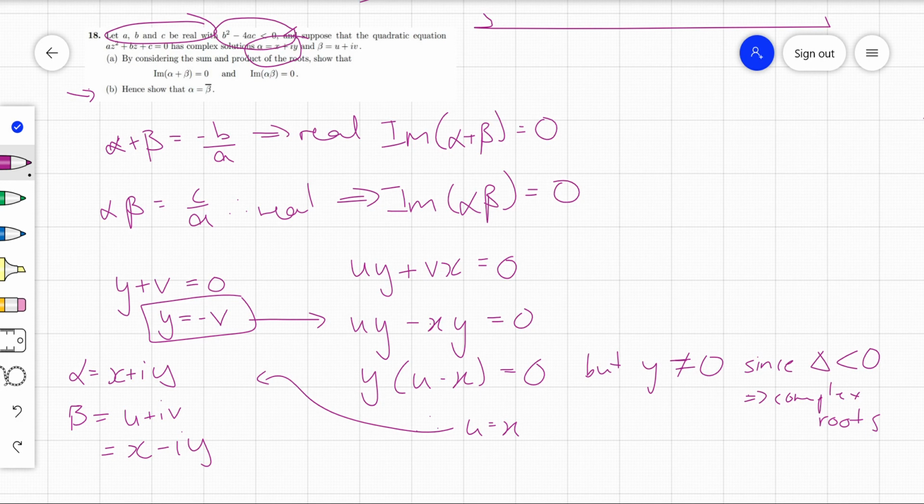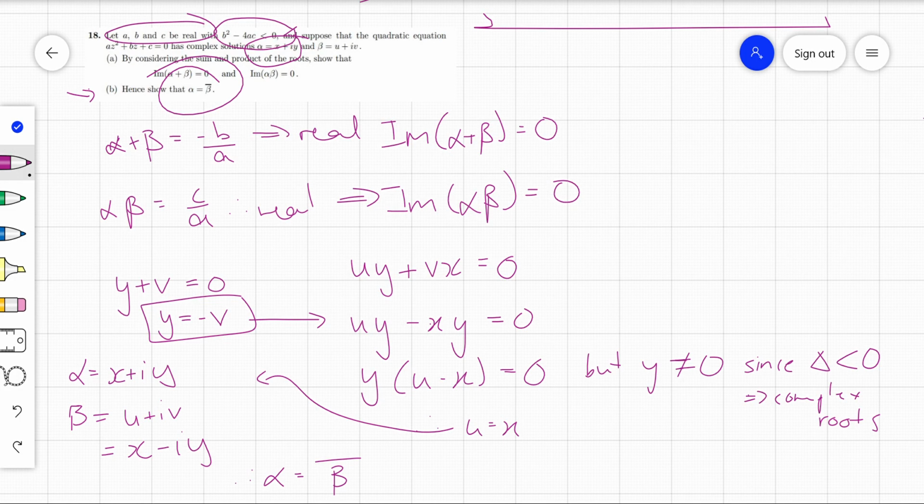So you can see that beta is the conjugate of alpha, or alpha equals the conjugate of beta, same thing. So either beta equals conjugate alpha or alpha equals conjugate beta, but that's how we're asked to state it.